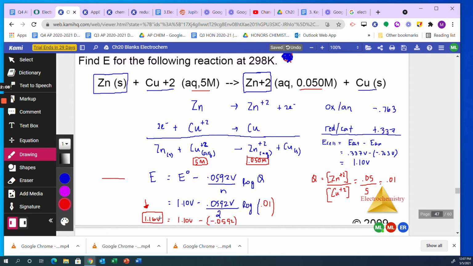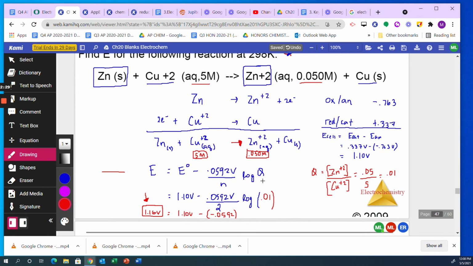And as a chemist, what did I have to do? Look at the concentrations. All I had to do is increase the amount of reactants, decrease the amount of products, and the reaction proceeds to the right, giving your battery more voltage.